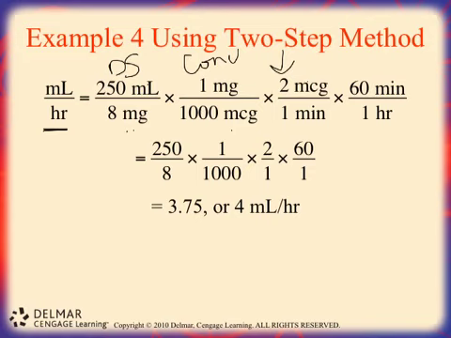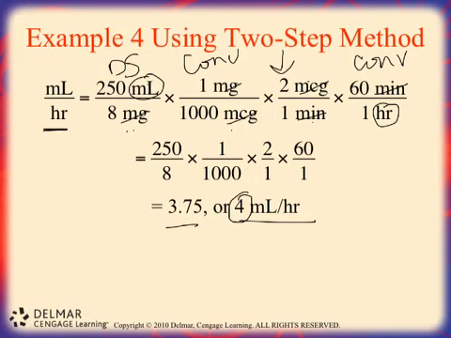Then you put in your first order, 2 micrograms per minute. Here's our second conversion step for the time. And then we go back and we can cancel out milligrams, micrograms, minutes, and we're left again with milliliters per hour. We multiply that across, we come out with 3.75 or 4 milliliters per hour for our lower rate.